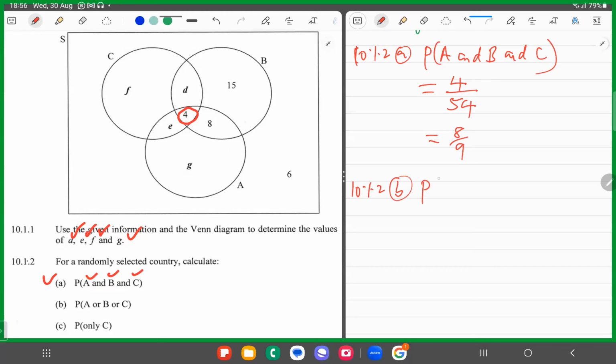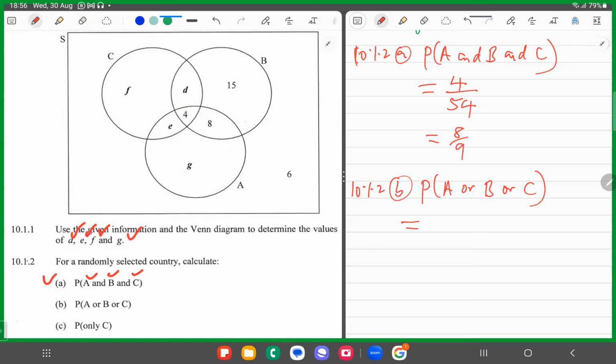The probability of A or B or C. Let's look at this one. So the probability of A or B or C, what is it? Let's think about this.